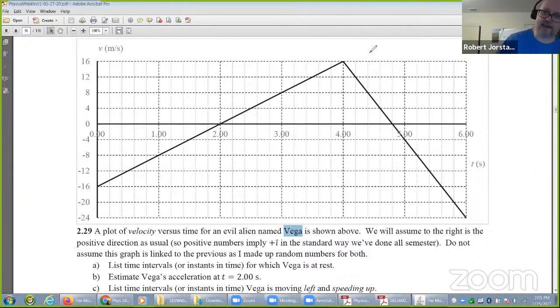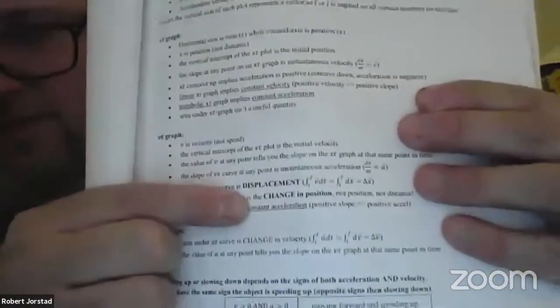So then I say, hey, this type of plot is VT. So I'm going to think about the VT rules and not accidentally use XT. And so now I know, aha, area means displacement or change in position. And then also I know that the slope is acceleration. So now the slope and the area have different meanings.